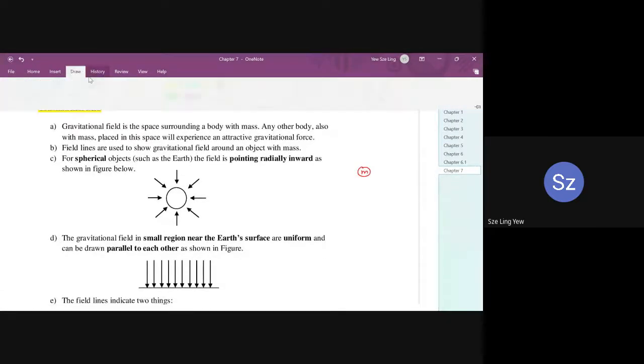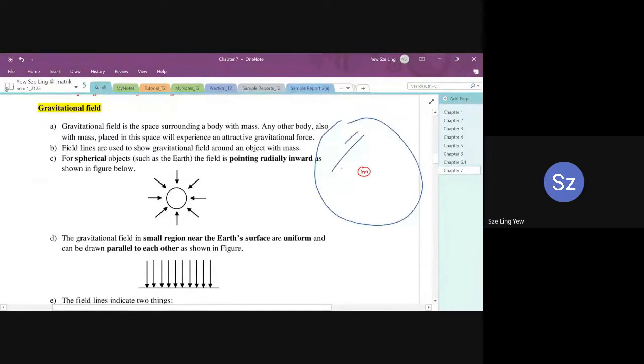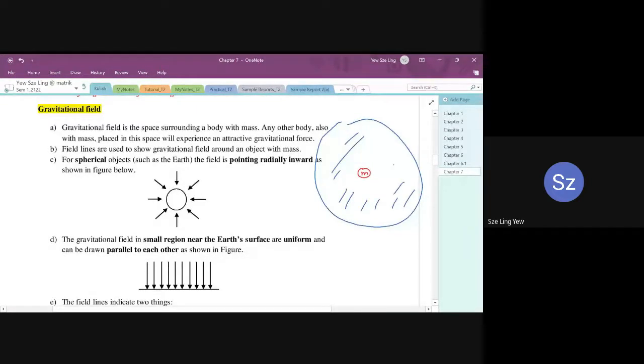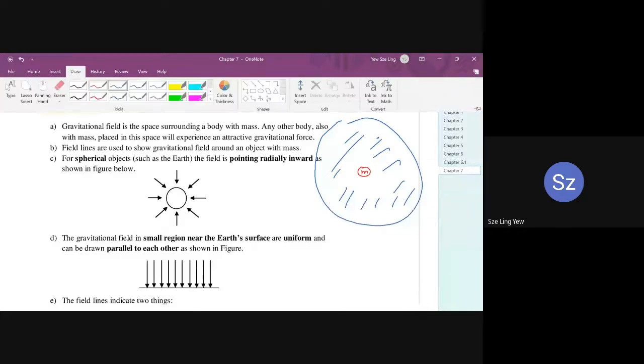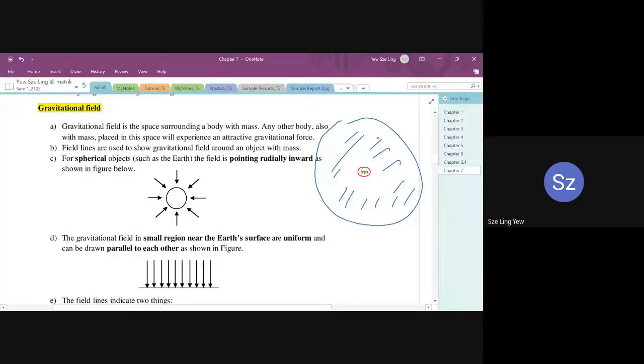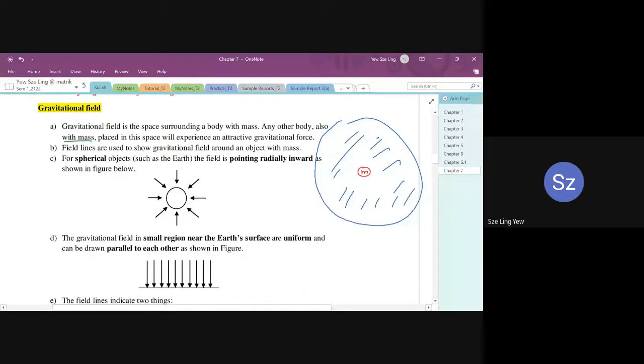Around this object 1, it has a field up to a certain distance. This is the field. If any other body with mass is placed inside this space, then it will experience an attractive gravitational force.